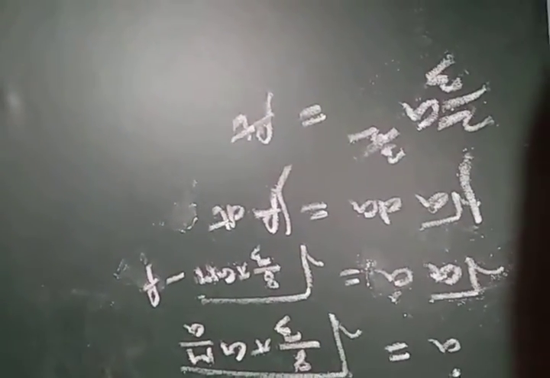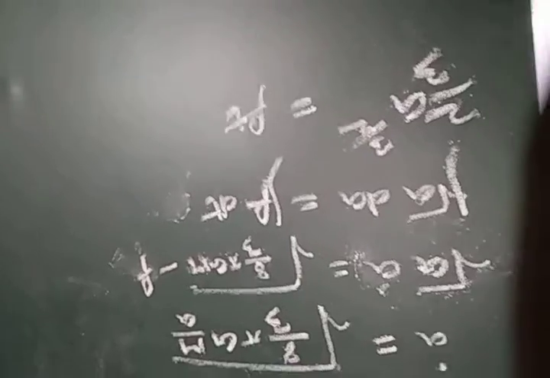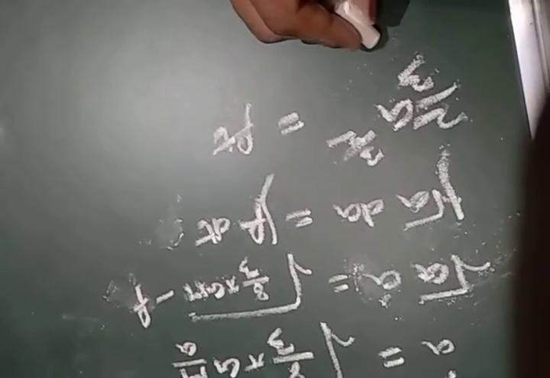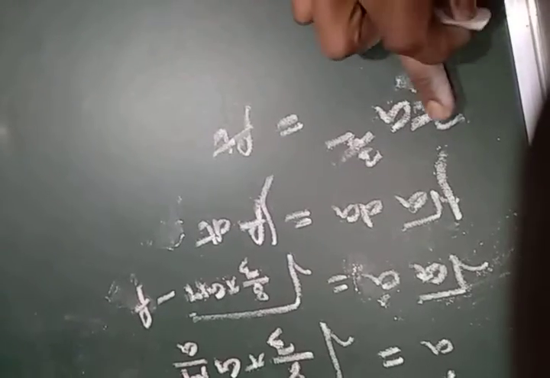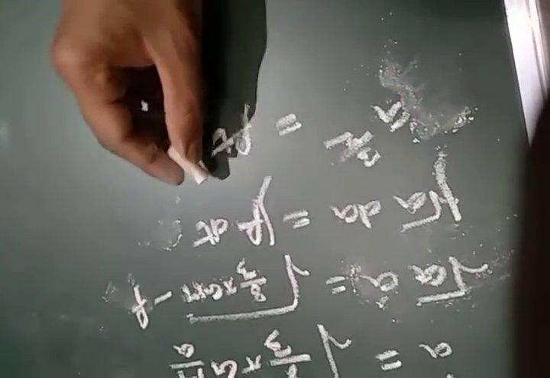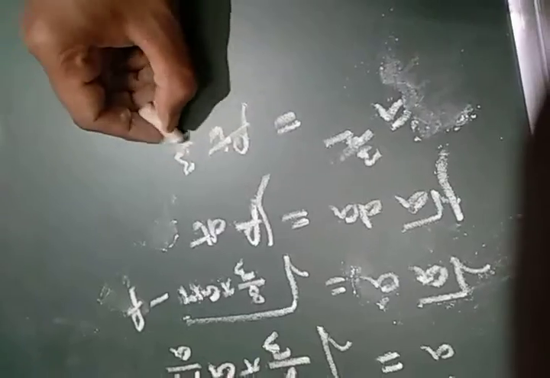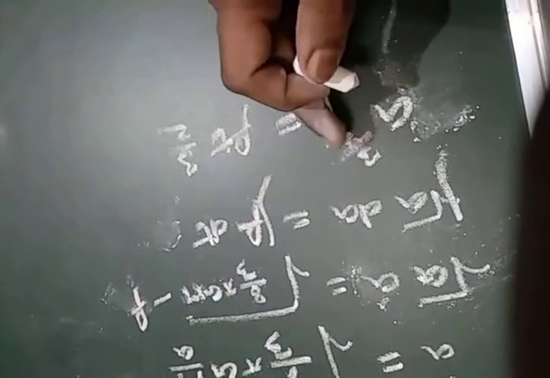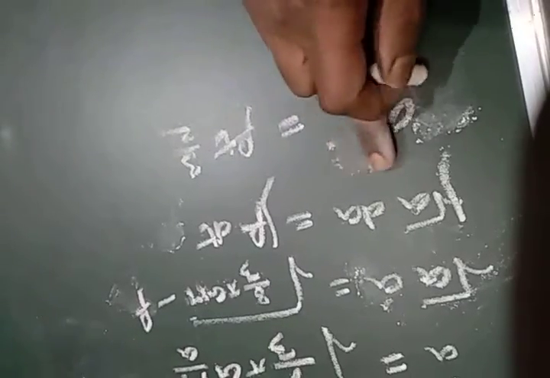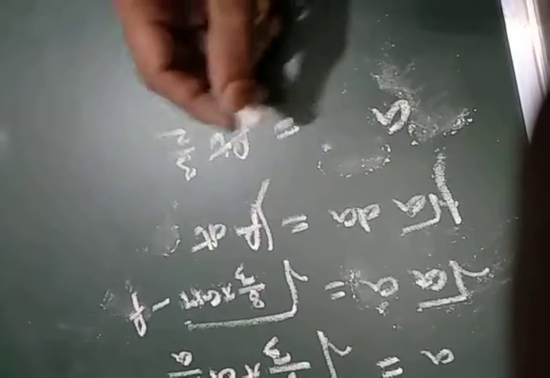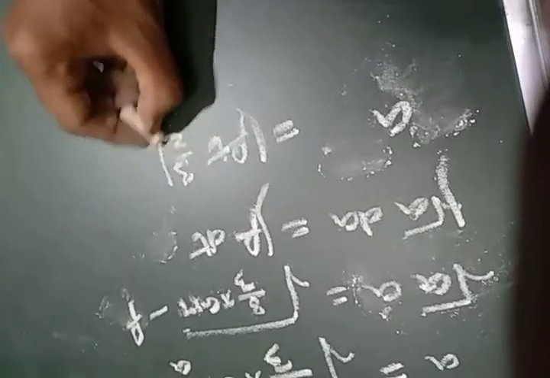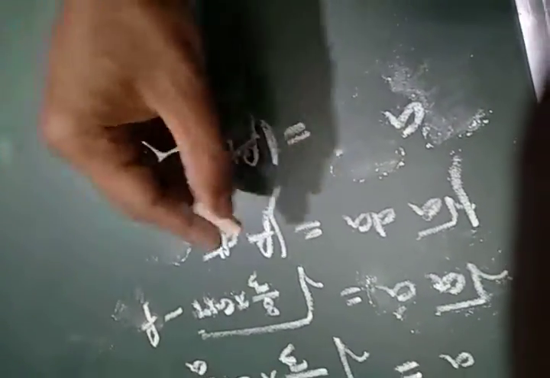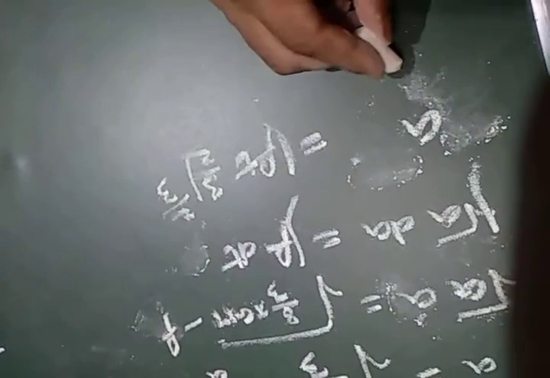So what will be the value of A? See, 2 by 3 when it goes over there will become 3 by 2, and A to the power 3 by 2 times 2 by 3 is 1, then times 2 by 3. We have neglected a constant over here, you can use it.